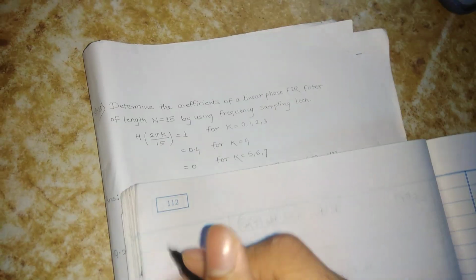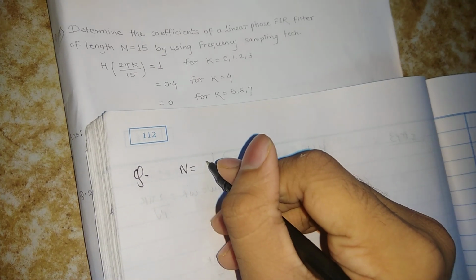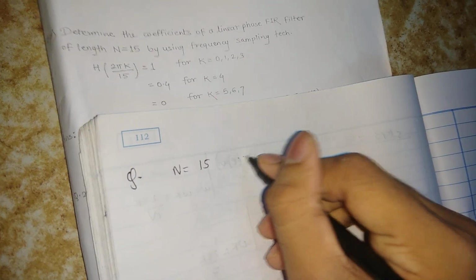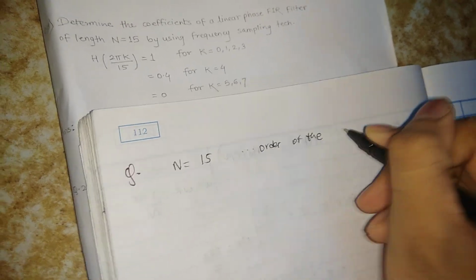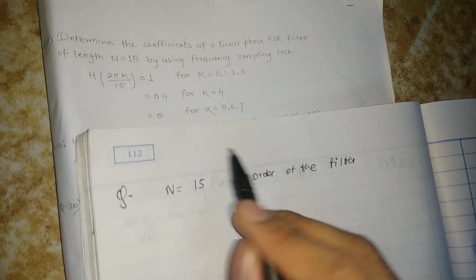Now in this question, as you can see, there is nothing mentioned properly, so whatever we have with us, we'll write it in the given section. So N is equal to 15, that means this is the order of the filter. As you all know, capital N stands for the order of the filter.